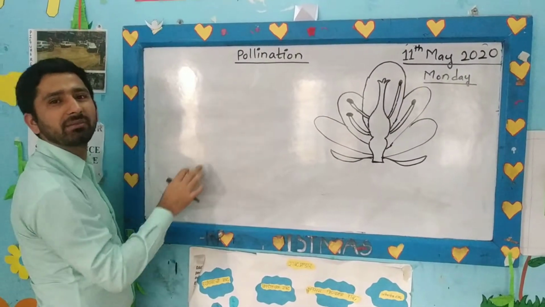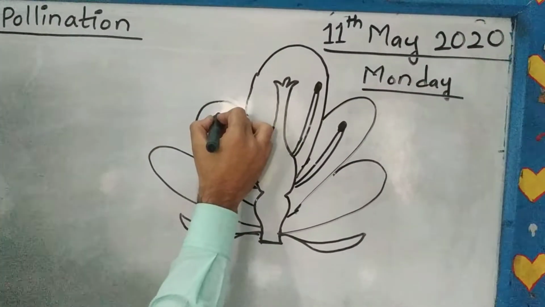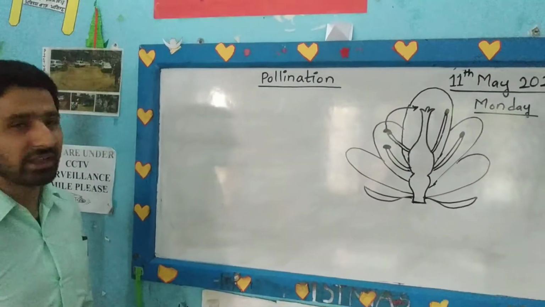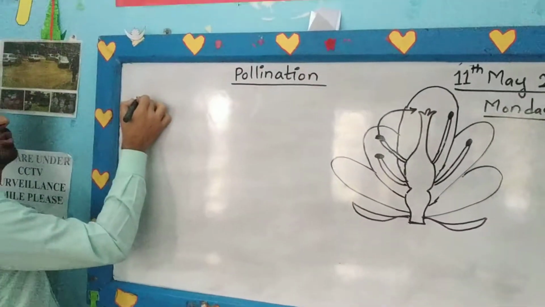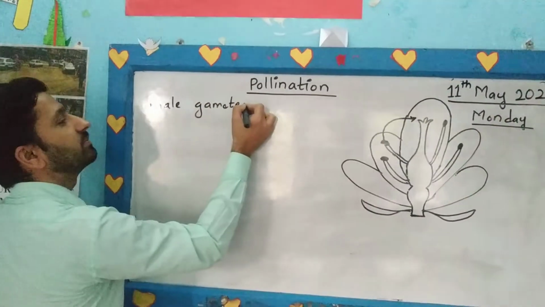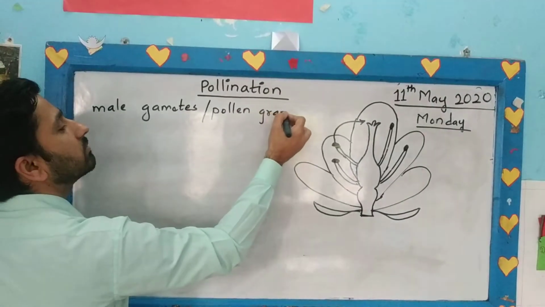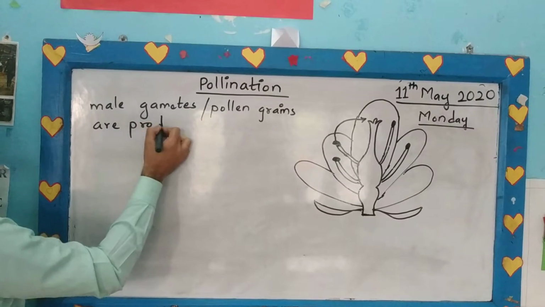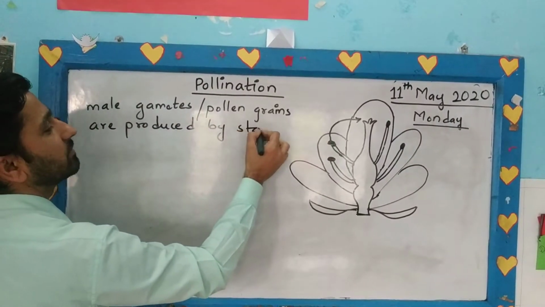The male gametes produced in the stamen have to reach the pistil, that is the female reproductive part. That means the male gametes, called pollen grains, are produced by stamen.